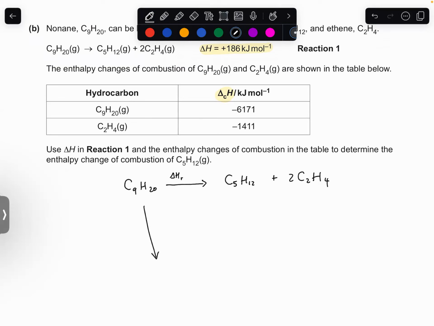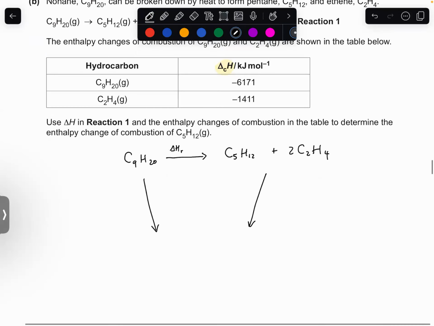So if we were to burn completely in oxygen, the reactants and products, it gives us the same combustion products of 9 CO2 and 10 H2O. These are your combustion products. Notice the arrows are going down.